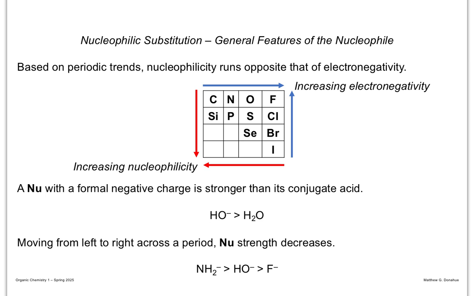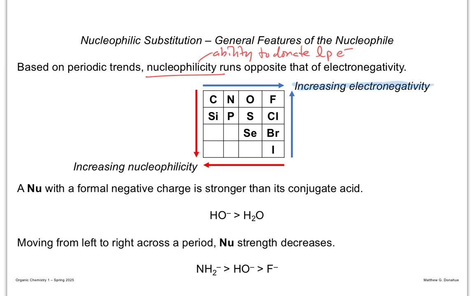So, factors that affect nucleophilicity. Nucleophilicity is the ability to donate a lone pair of electrons. The blue arrow here, that's your electronegativity trend, which we're used to seeing.